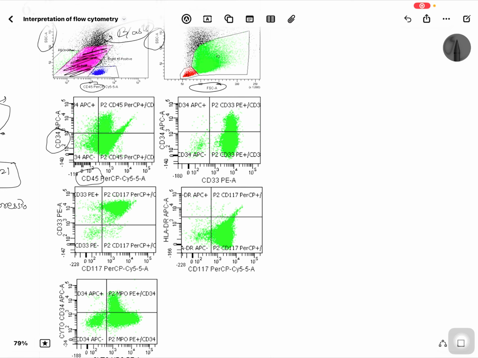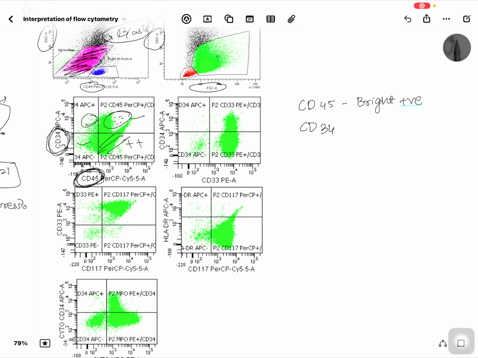CD34 and here is CD45. Majority of the population is here, but some of the population is also here and some of the population is here as well as here. But majority is in CD45. So can I write CD45 bright positive? Yes, but CD34, the population is less as compared to here and here.